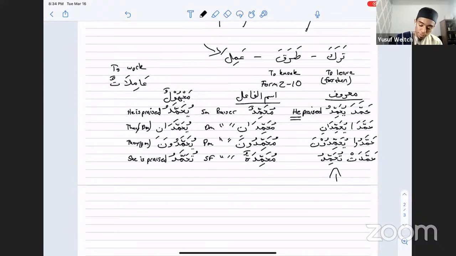But what is the name of the term? Ism al-maf'ul. Now it's called ism al-maf'ul because maf'ul is how it shows up in form 1. But for form 2, we have to do a little bit more work. So we take yuhammadu, and we change the first letter to a meem, and then we add a tanween. So how do I say it? Muhammadun.